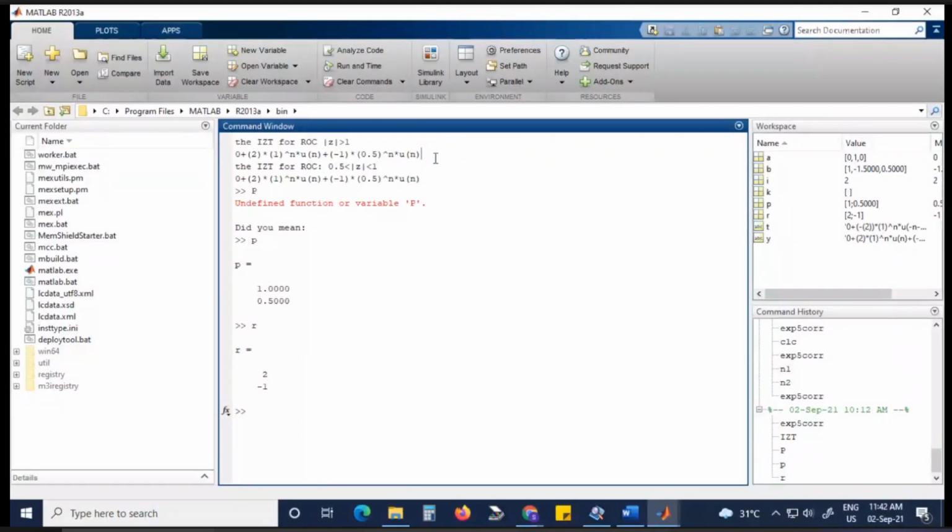और सेकेंड केस में जब ROC तुम्हारा इस रेंज में है तब एक पोल तुम्हारा है 1.